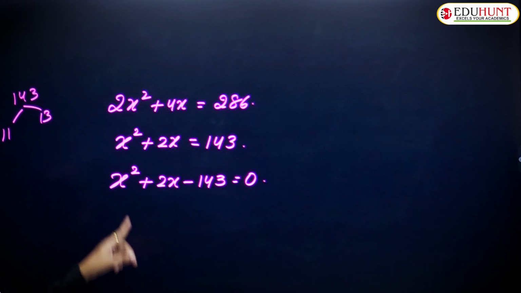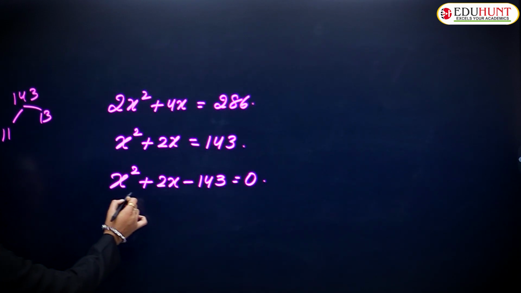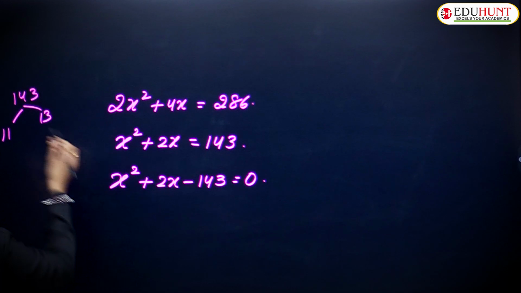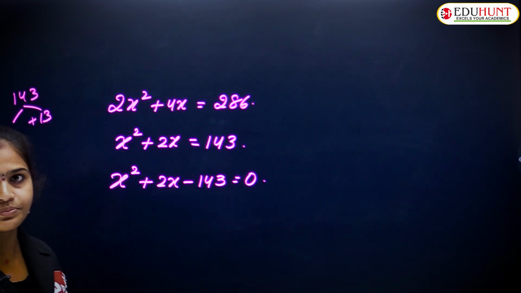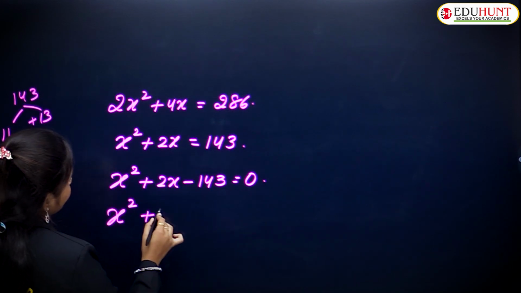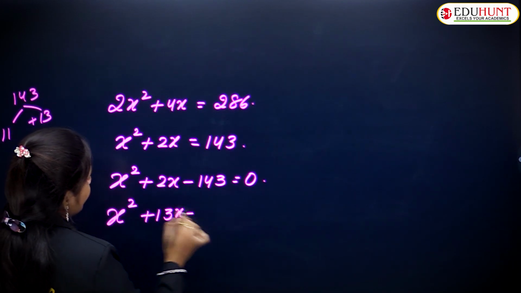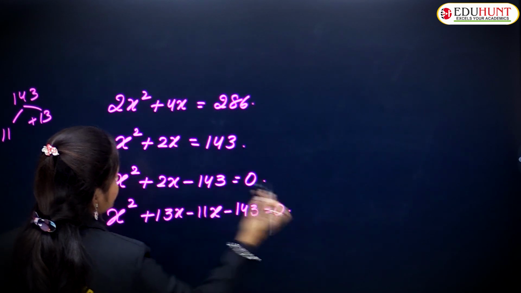So that's why we have to go for the difference. Here plus x is there, so positive means the greatest number is positive and the smallest number is negative. So x square plus 13x minus 11x minus 143 is equal to 0.